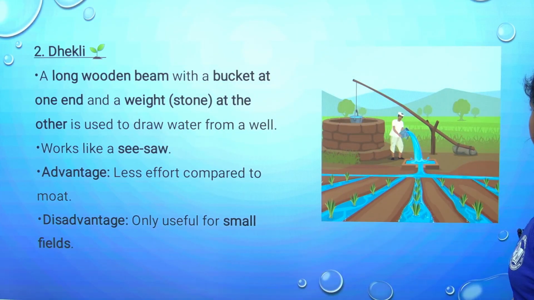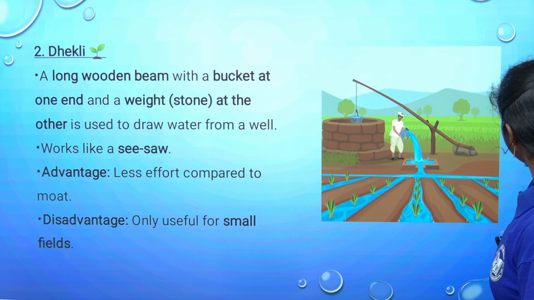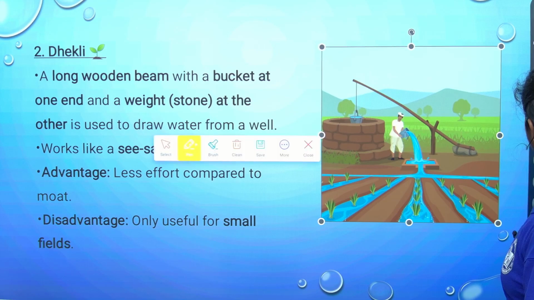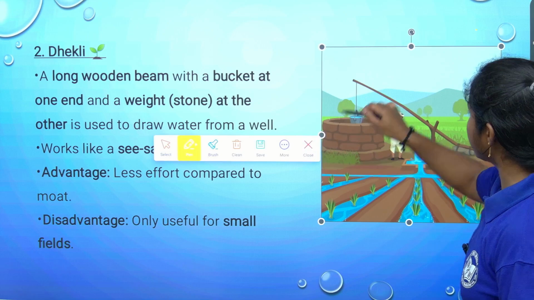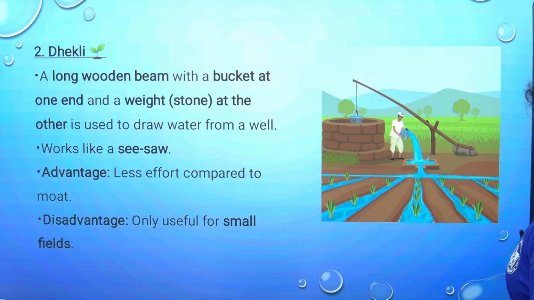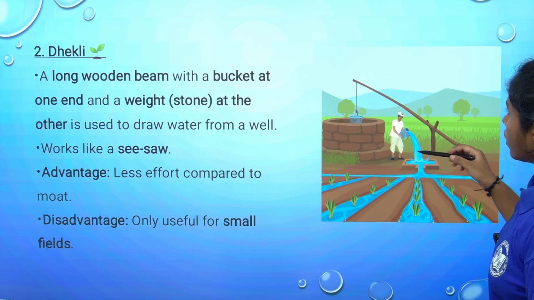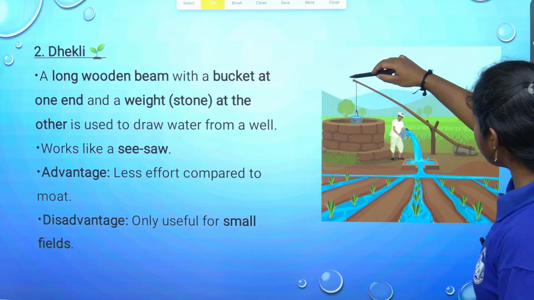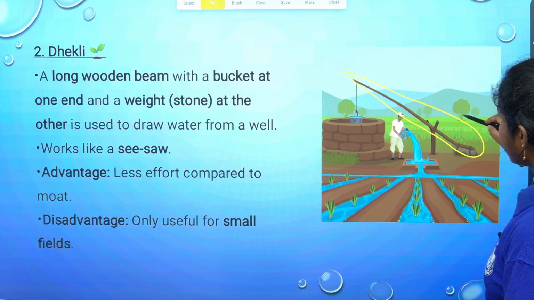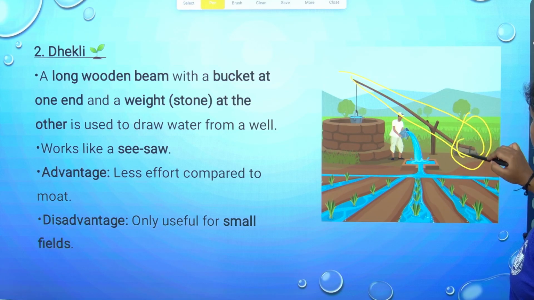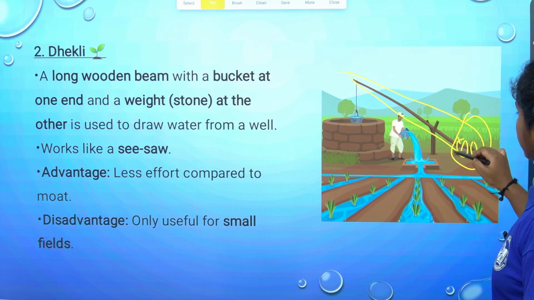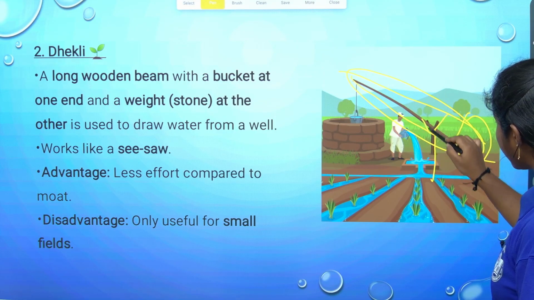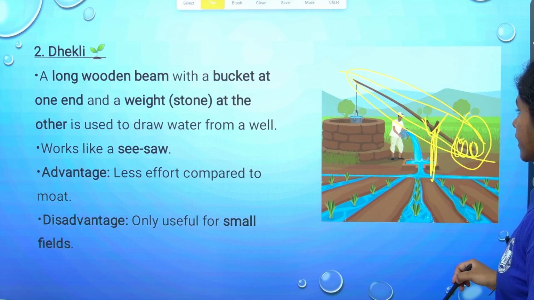What is Dhekli? See here, they keep it in an erect shape. One minute children. See here, a long wooden beam is placed, and at one end a stone is tied to this long beam, right children? And one V shaped erect wood is present in that, right children?